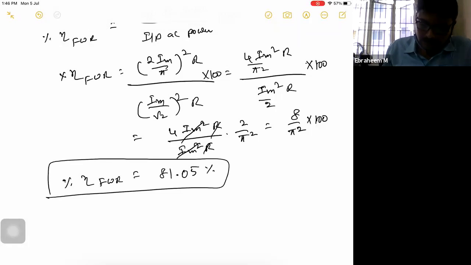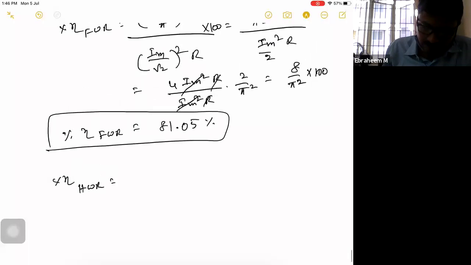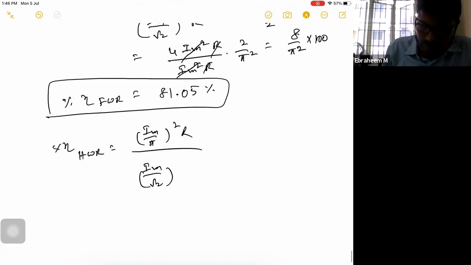Similarly, the percentage efficiency of a half wave rectifier is equal to (I maximum by pi) whole square into R by (I maximum by root 2) whole square into R into 100.